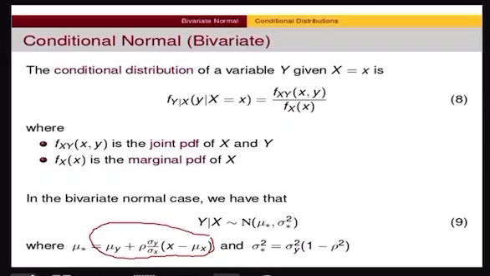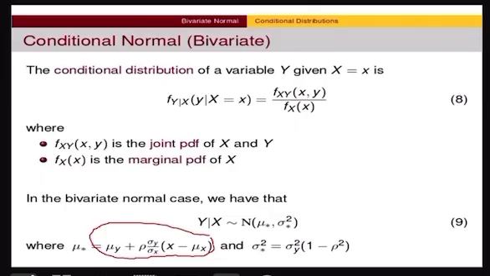This guy here is what I call mu star, and this guy here is sigma square star. The sigma square star is sigma square y times 1 minus rho squared. I need you to pay attention.